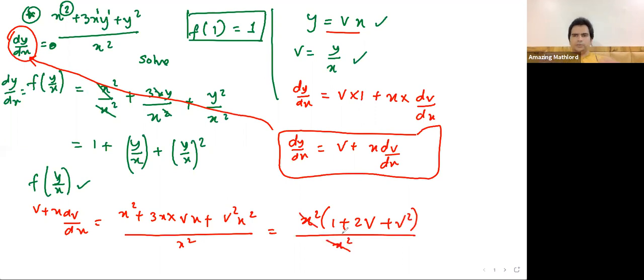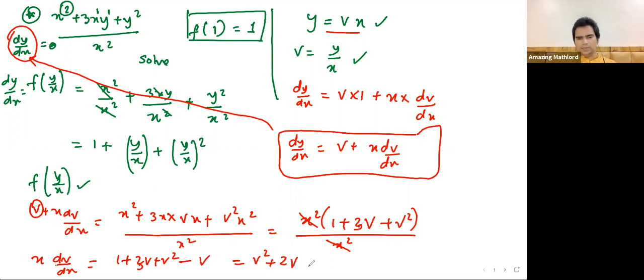The objective of the substitution is to get rid of the x term. Now bring this v to the other side, and what we get is x dv by dx equals 1 plus 3v plus v squared minus v. So this becomes v squared plus 2v plus 1.